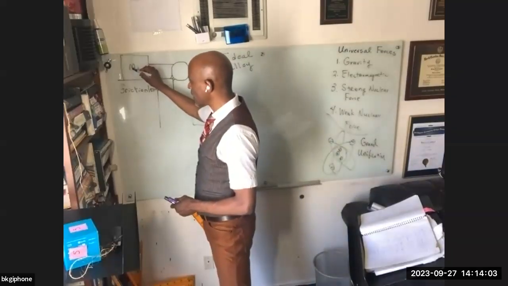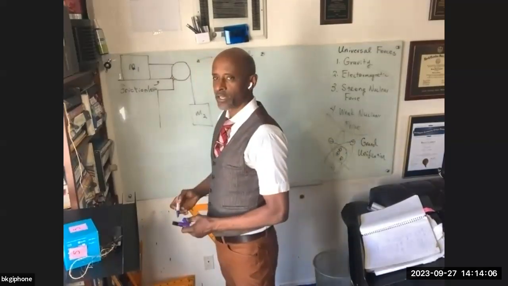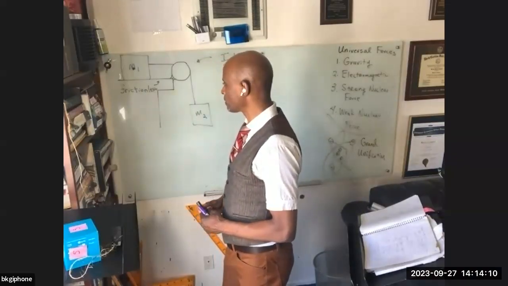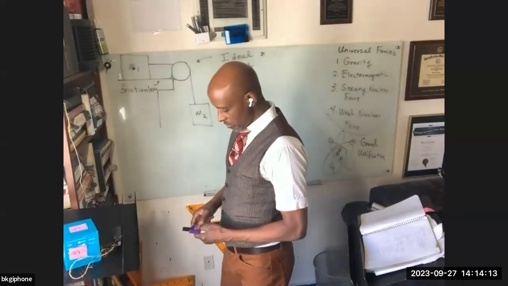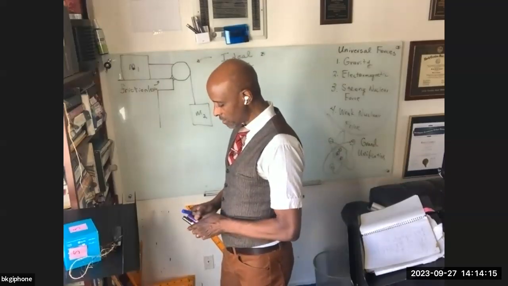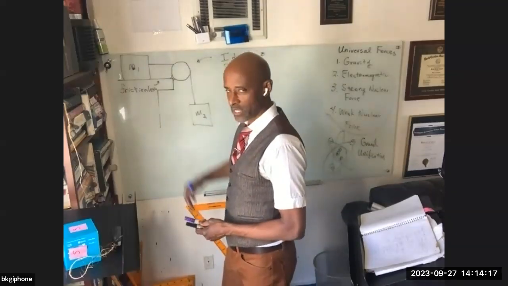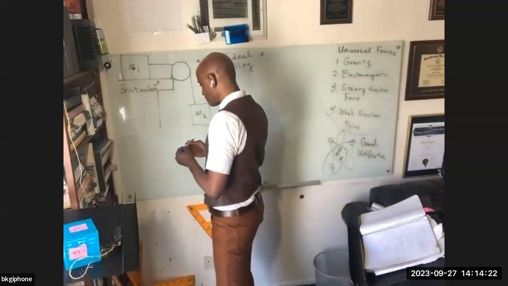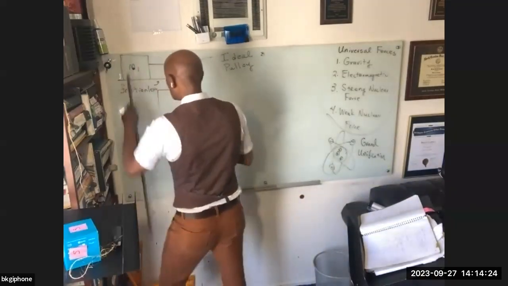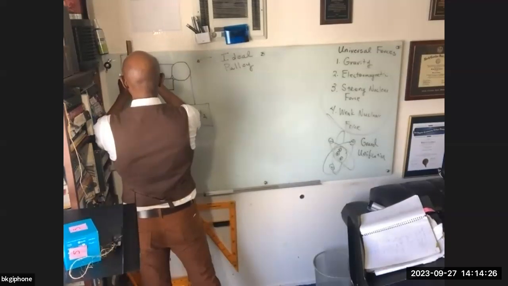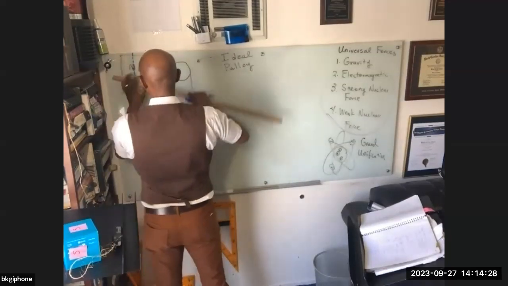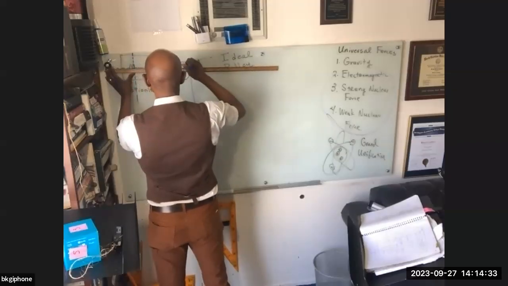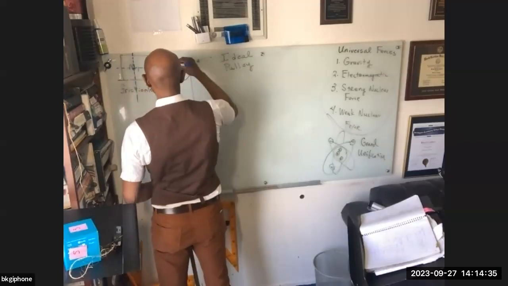But I want to emphasize that it is a stationary coordinate system. It's not moving. It's not pinned to the mass of the object in any way. I'm going to put it there for convenience because I want to draw all the forces from that position. But this coordinate system is fixed.